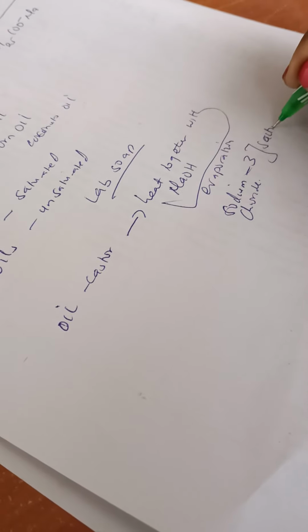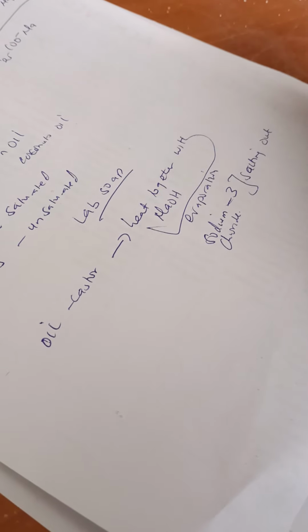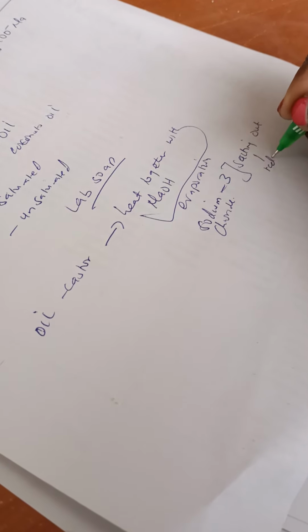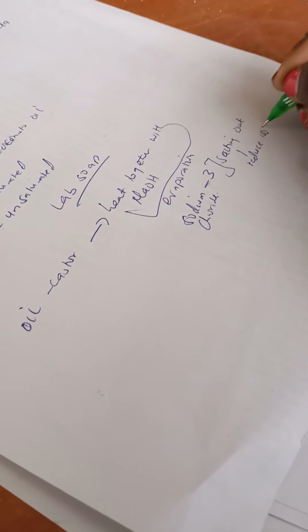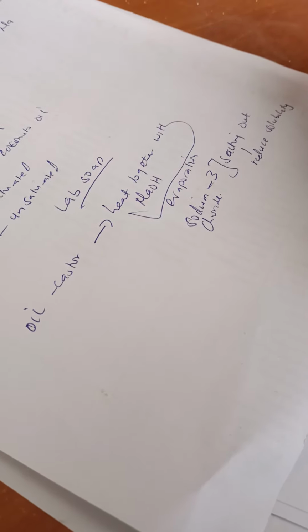Salting out is reducing solubility. You reduce the solubility of the soap in the glycerol.